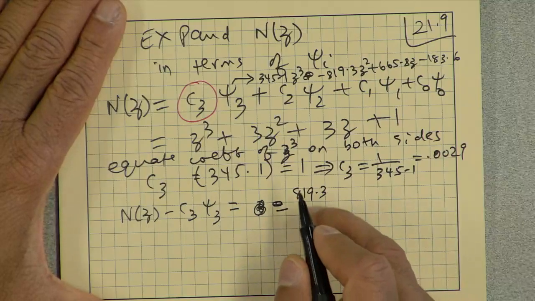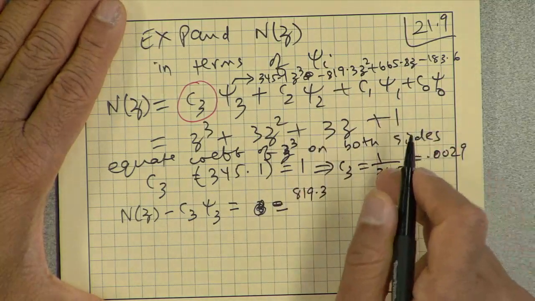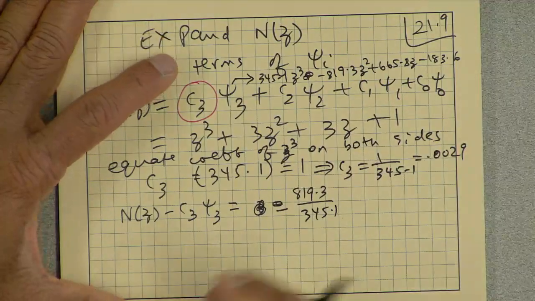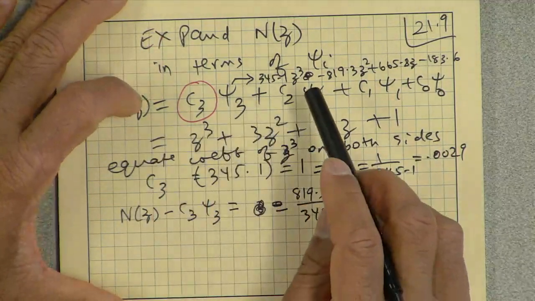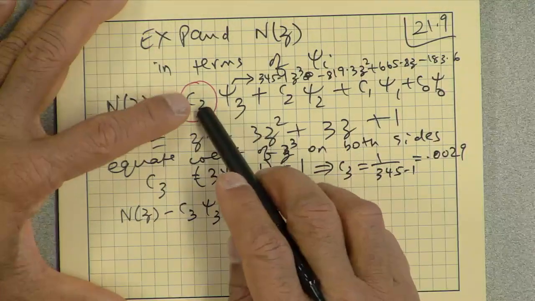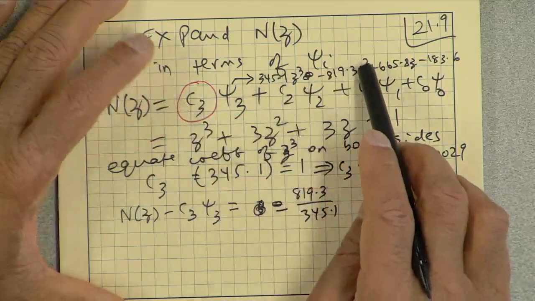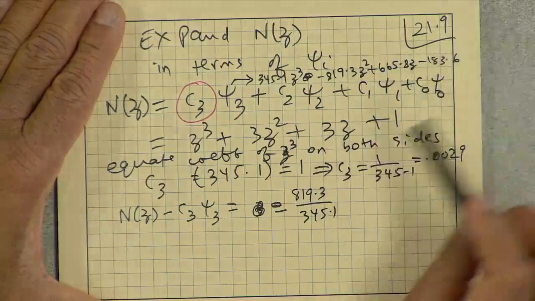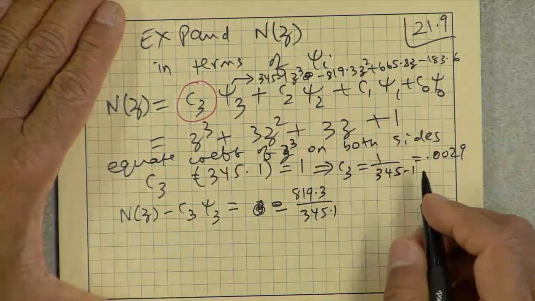So if I multiply by 345.1, N(z) minus C3 is multiplied by that z squared, plus some z and so on. Okay, so there will be other terms.